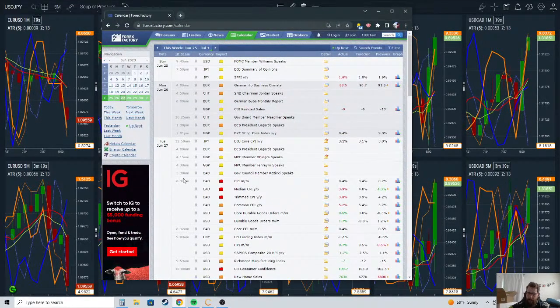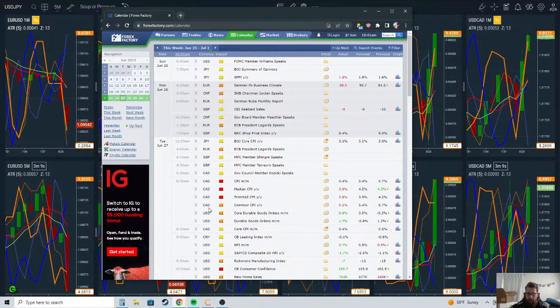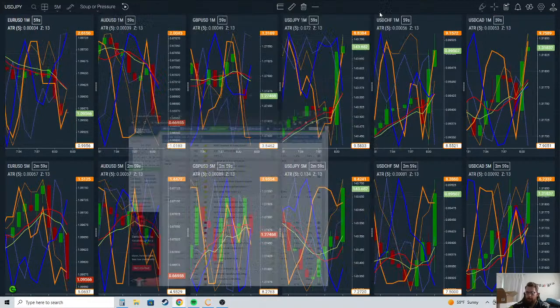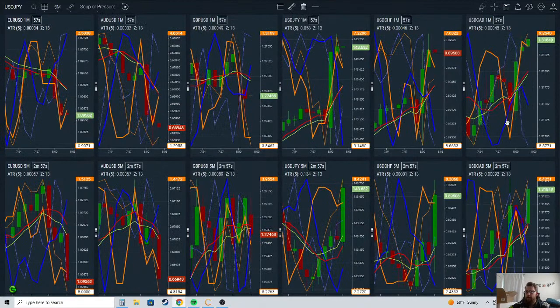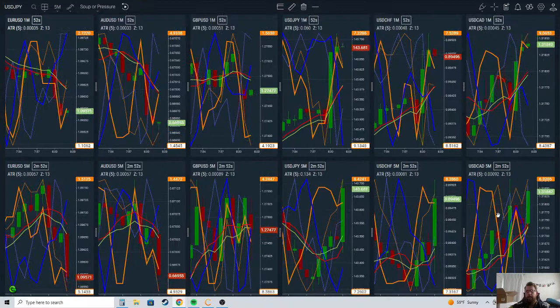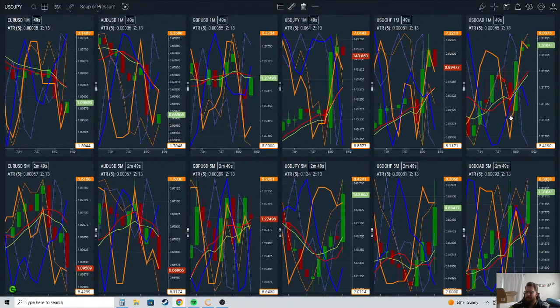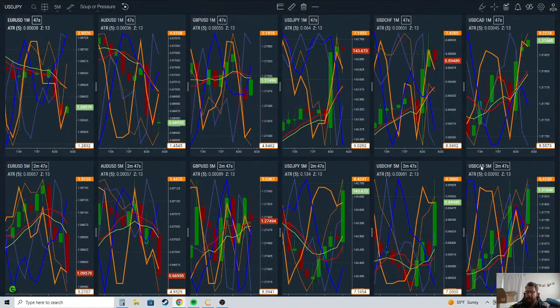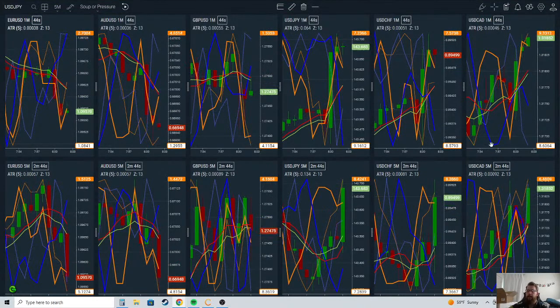So nothing at 8 o'clock, but at 8:30, there is a lot going on with the Canadian dollar and the US dollar. I bet this one gets super volatile as we move closer to 8:30, and I bet there's going to be a massive jump in one direction or the other.